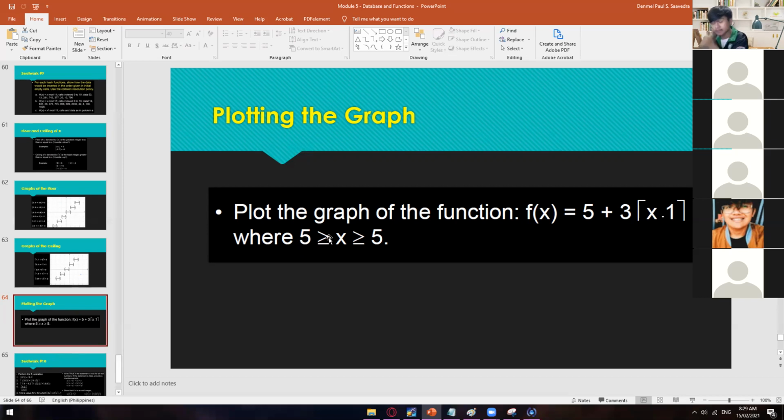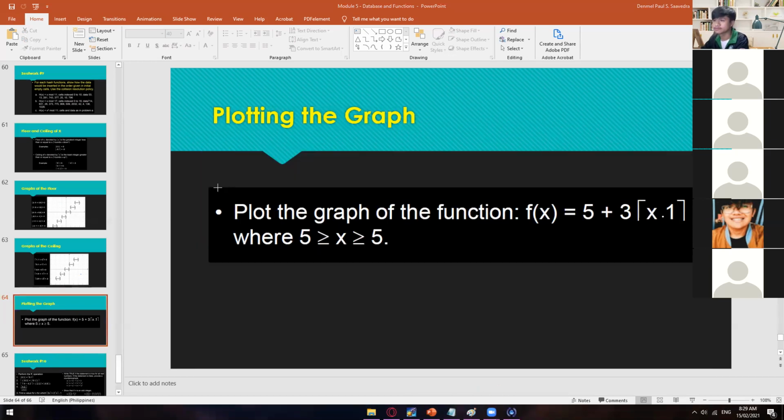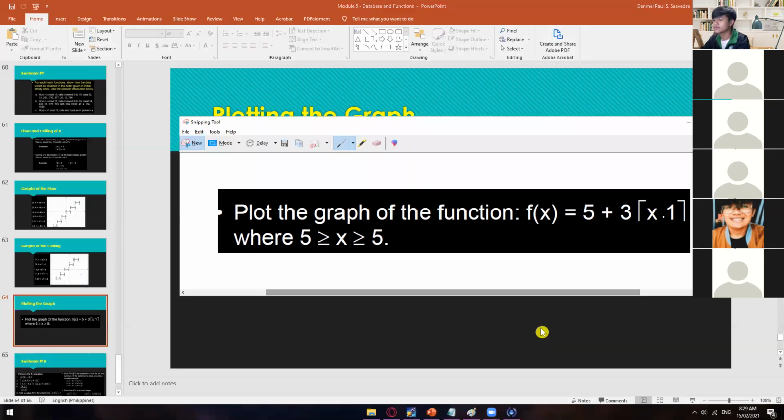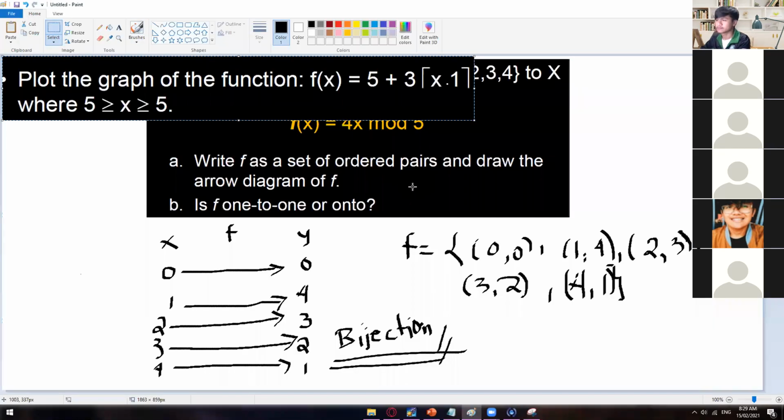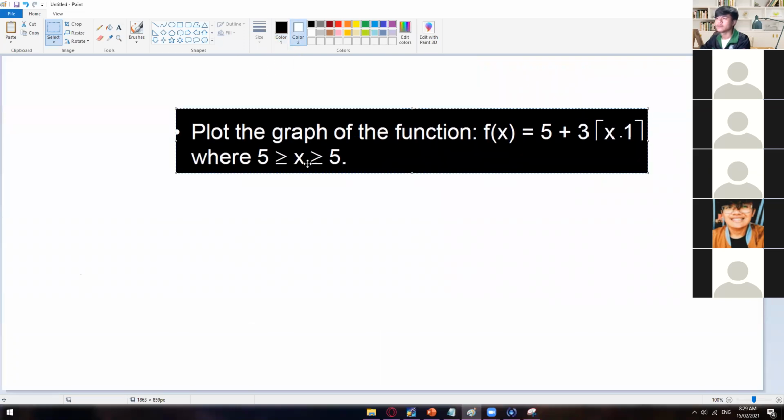Negative 5 is less than or equal to x, or your x is ranging from negative 5 to positive 5. All right, so let's try to answer this one.